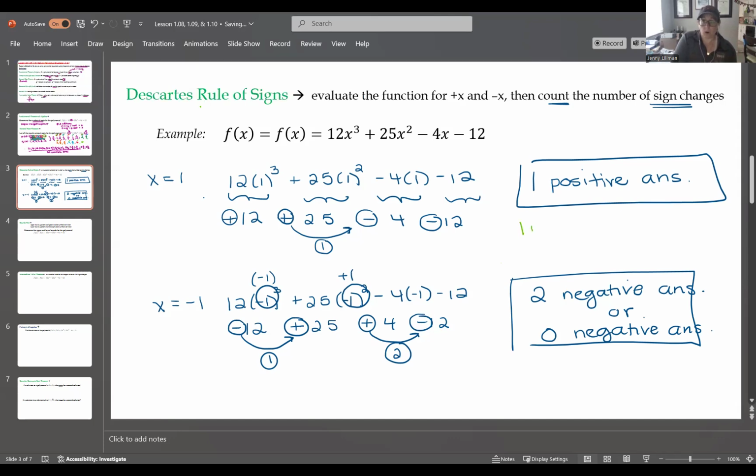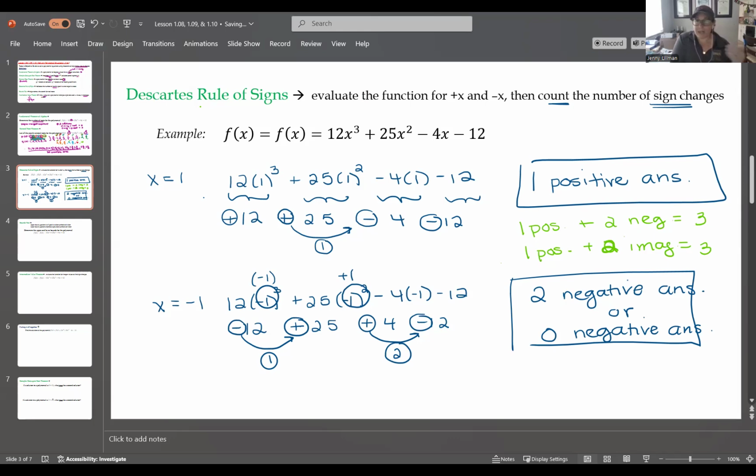I could have 1 positive and 2 negative answers, or I could have 1 positive and 2 imaginary answers. Both of these give me 3 total. So the question is, do I have 2 negatives or do I have 2 imaginaries? But I know I have to have 1 positive.